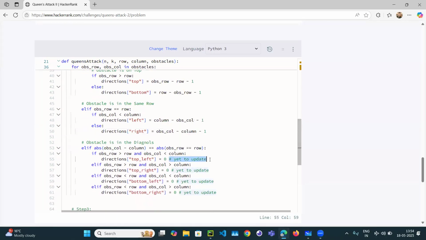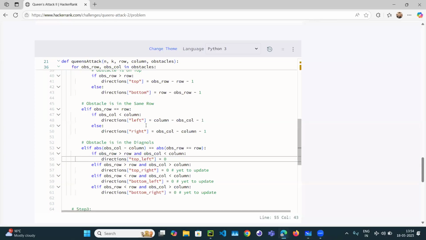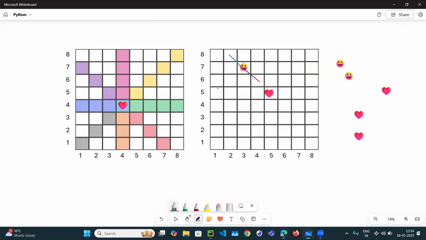Now let's update the top left. Let me put the queen here, and let's take an easy one. Earlier the queen was attacking 1, 2, 3. Now it should be 1 only. So how are you going to calculate the top left?